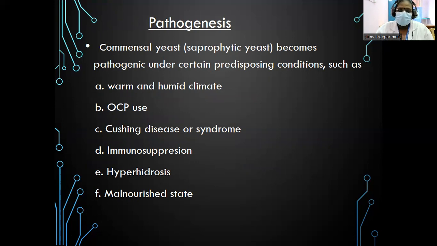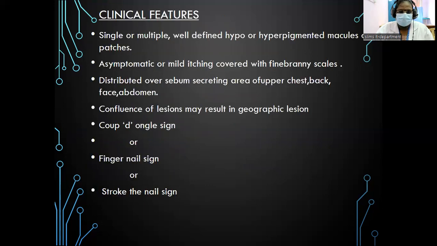The conditions predisposing to infection are warm and humid climate, Cushing's disease or syndrome, any hyperhidrosis condition, malnourished status, immunosuppression, and oral contraceptive use.